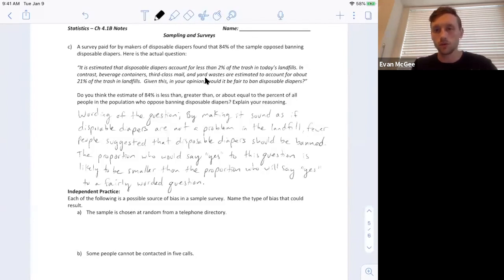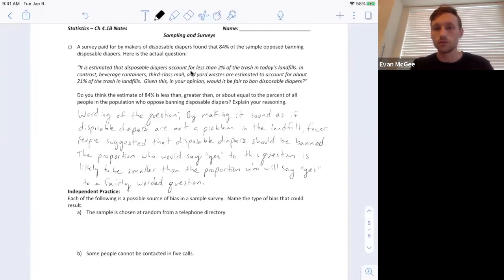So based on the wording of this question, most people, after reading this, are going to be more inclined to say that it is not fair. So the proportion who would say yes to this question is smaller than the proportion who would say yes if the question were worded fairly.